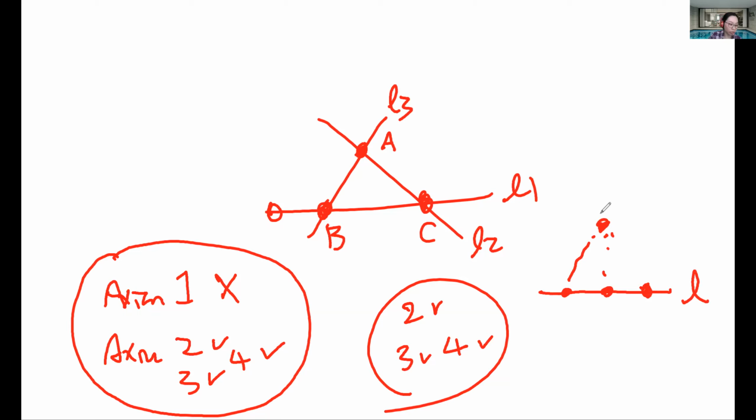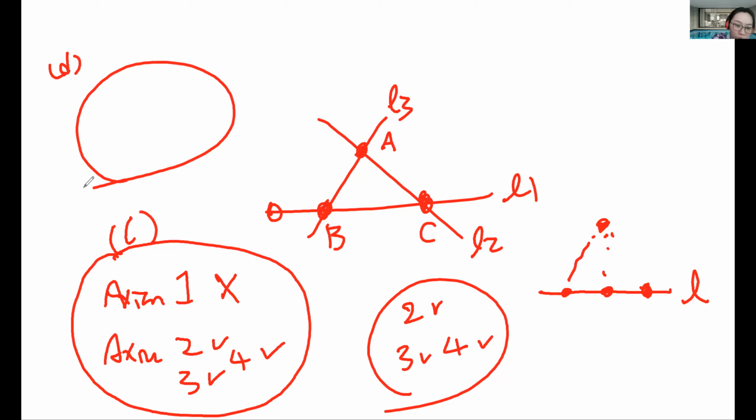And the same logic holds for D, E, and F. So in order to prove axiom 2 is independent, that means you want to draw a model. This is part D: you want to draw a picture where axioms 1, 3, 4 all hold, but axiom 2 is violated. Axiom 2 means any 2 distinct points are on exactly 1 line.